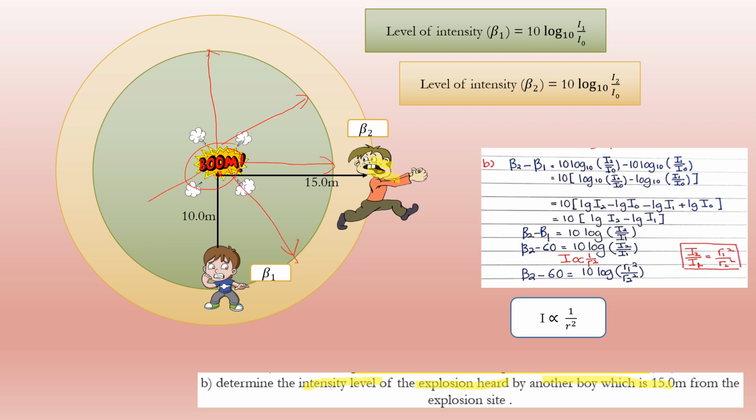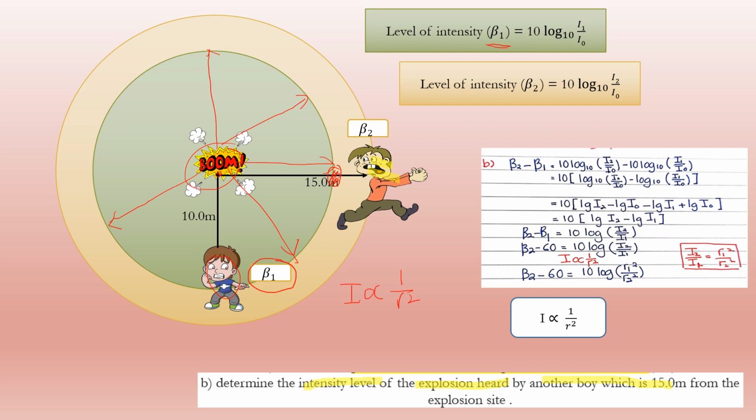Okay, like this. Alright, so the level of intensity, because we know I is inversely proportional to r squared. So that means it's the same for every point, right. So we find the beta 1. Okay, I'm going to symbolize the level of intensity for the first boy as beta 1 at this particular point because it's the same here. Okay, even though it's here, it's the same here because the radius is still the same.